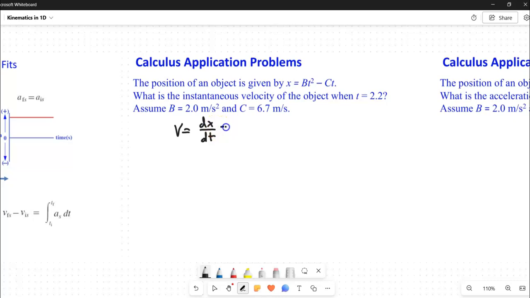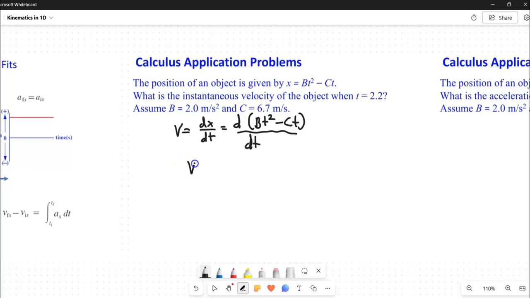And since we're given this equation right here, x is going to be equal to bt squared minus ct. We're going to have to differentiate this with respect to time.